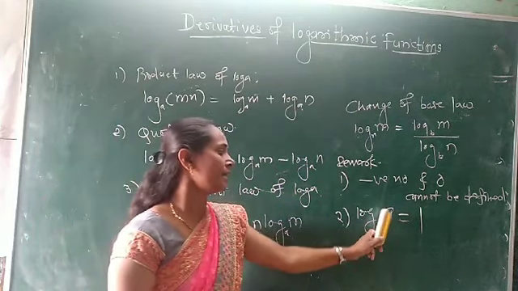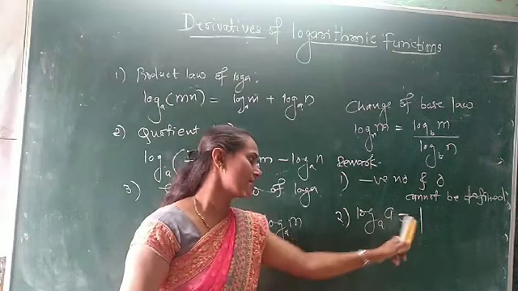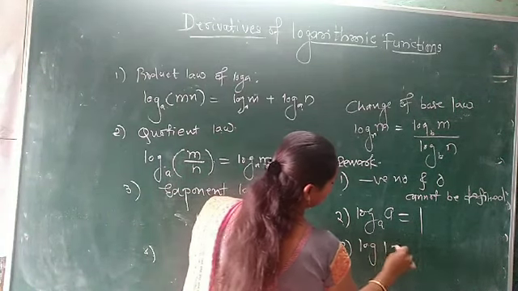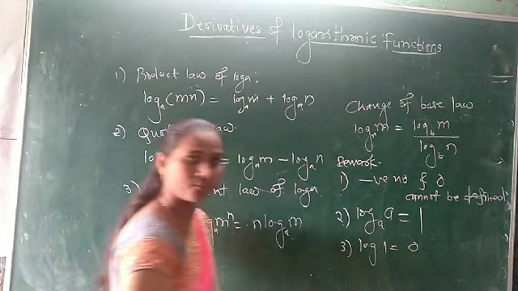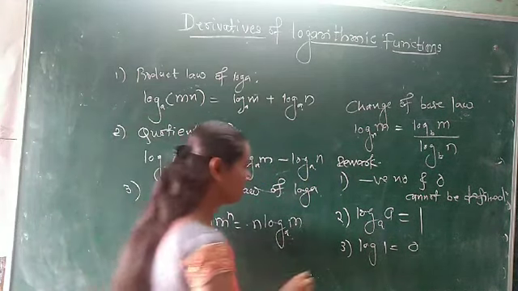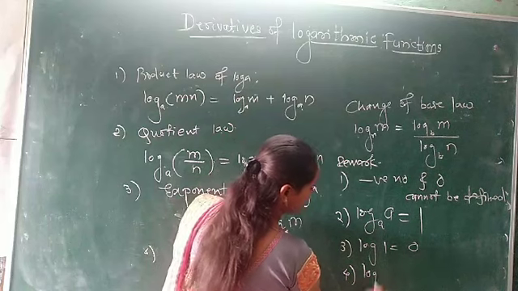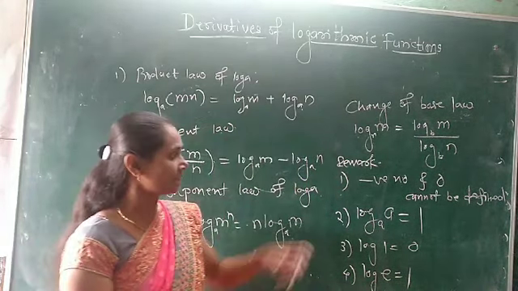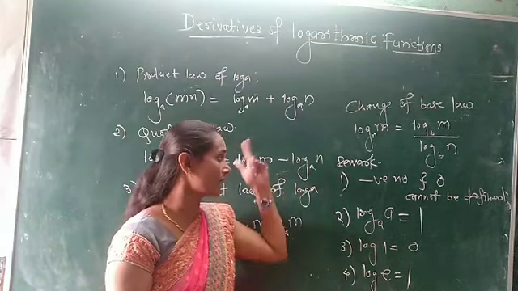Next, log 1 is equal to 0; the value of log 1 is always 0. And the value of log e is always 1. Remember these four things in logarithm.